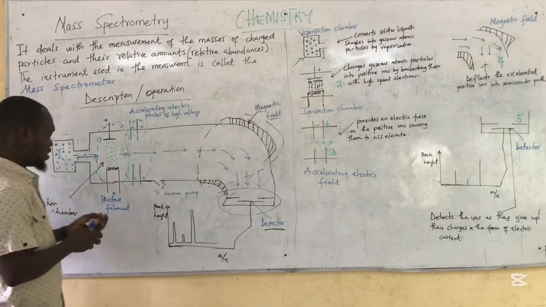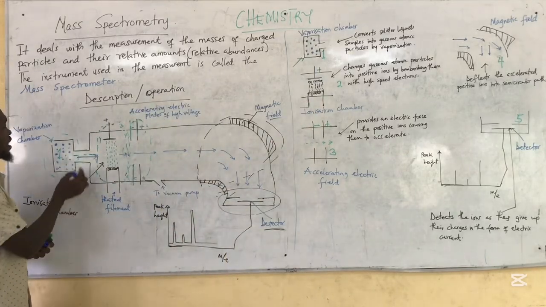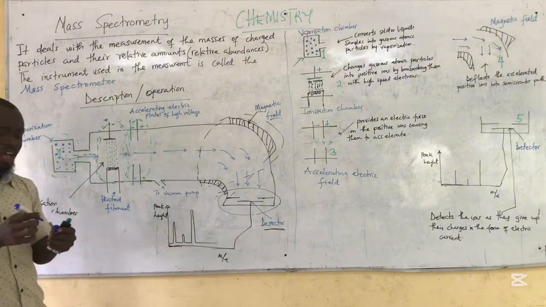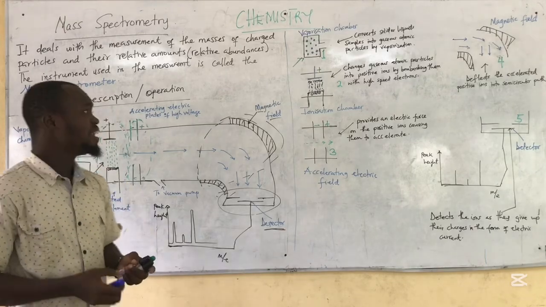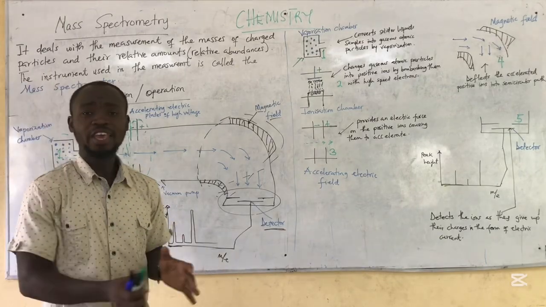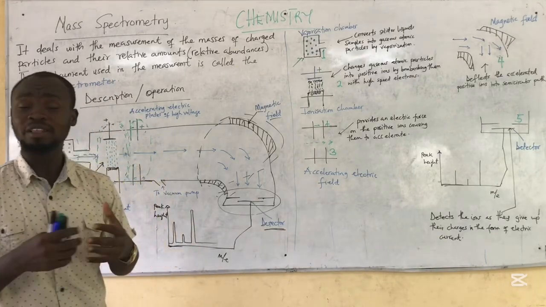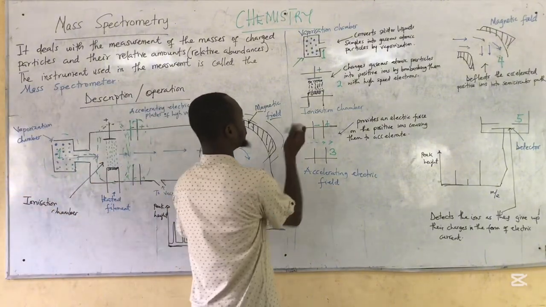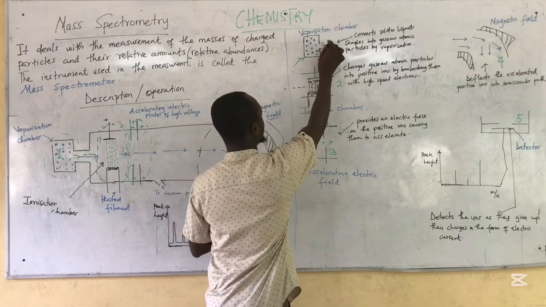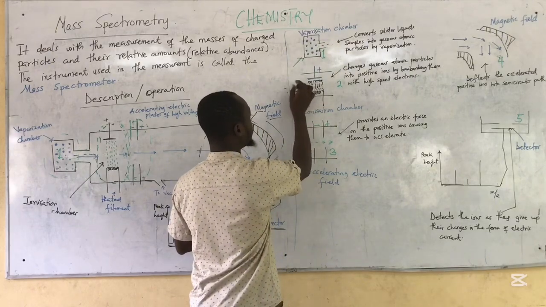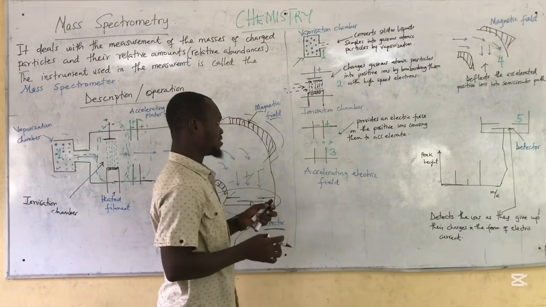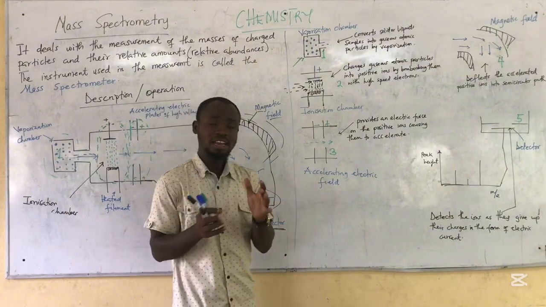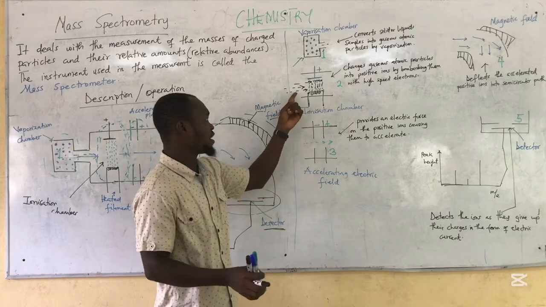Then the particles that are now in the gaseous form move into the ionization chamber. Once they get in, these high-speed electrons knock electrons out of these gaseous atomic particles to form positive ions. The high-speed electrons are situated in such a way that they bombard or collide with the gaseous particles.